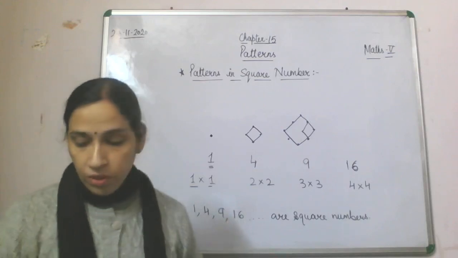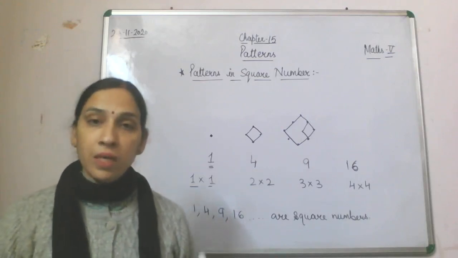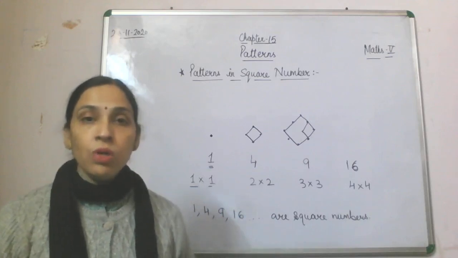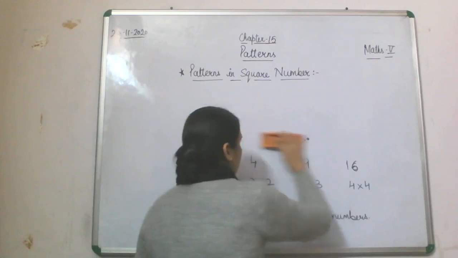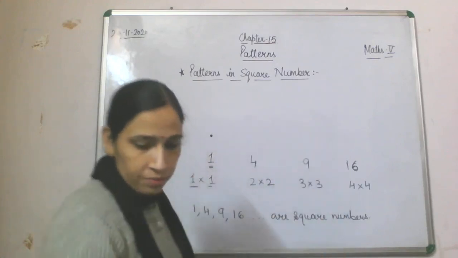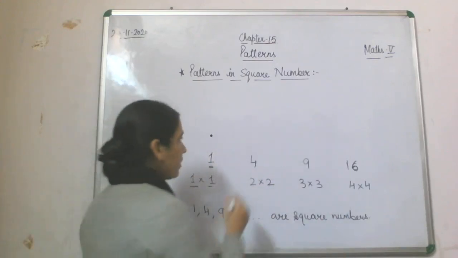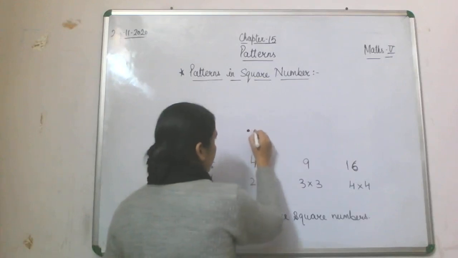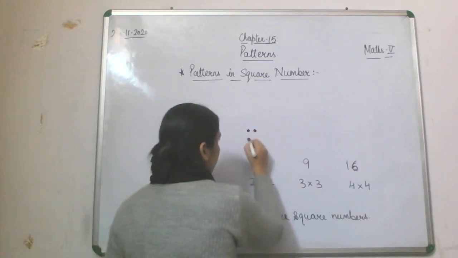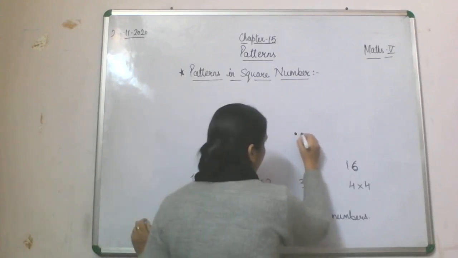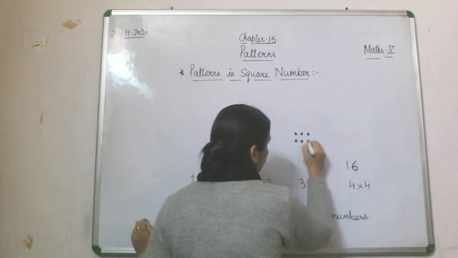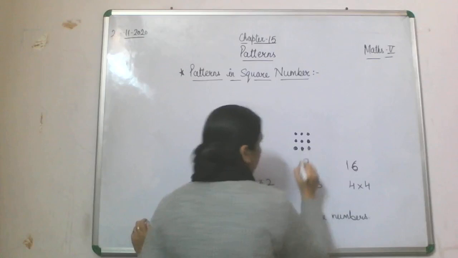Here I have made it for the first 3. Similarly, we can arrange it in another way also. See this, in this way also. 1 can be arranged like that only. Then 4 can be arranged like this. 1, 2, 3, 4. Then come to 9. 1, 2, 3, 4, 5, 6, 7, 8 and 9.